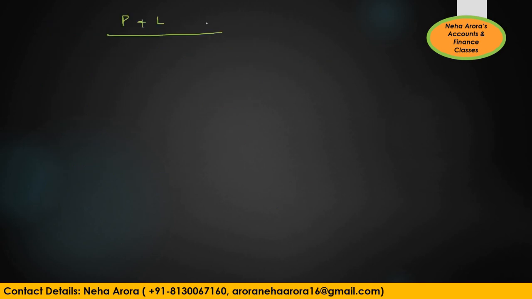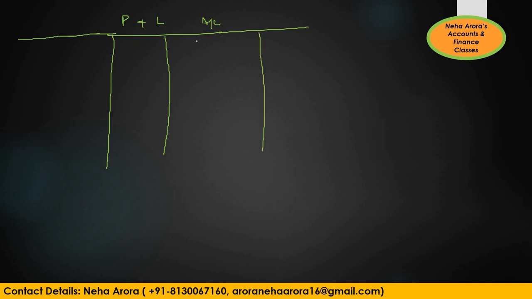Next comes the P&L account, the profit and loss account. Whatever gross profit has been calculated in the trading account will be carried forward over here, right? So if it is a gross profit, I'll be taking it on the right hand side, on the credit side, as by gross profit.